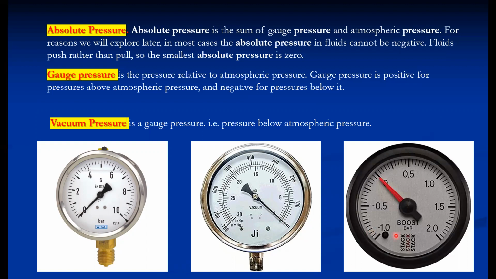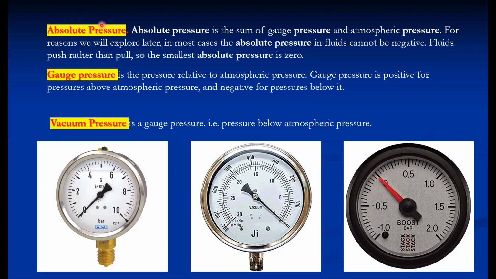Another gauge is suitable for measurement of positive as well as negative pressure because the pointer moves in both clockwise and anti-clockwise directions. These are the Bourdon pressure gauges which are commercially used for various systems. This is called a pressure gauge, this is called a vacuum gauge, and this is called a composite gauge, which can be used for measurement of positive as well as negative pressure.